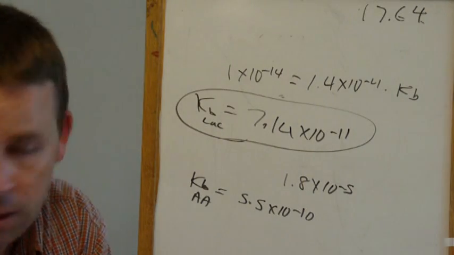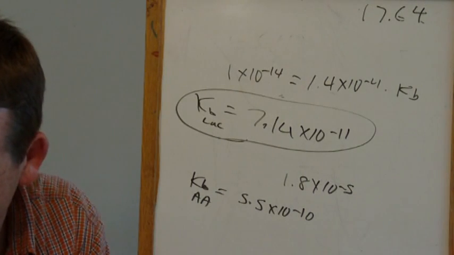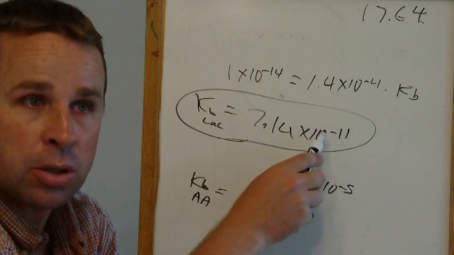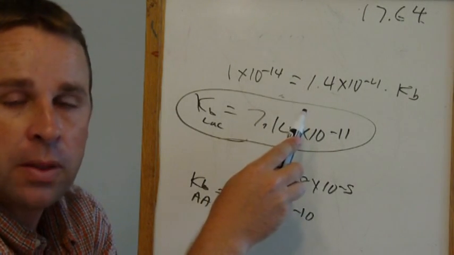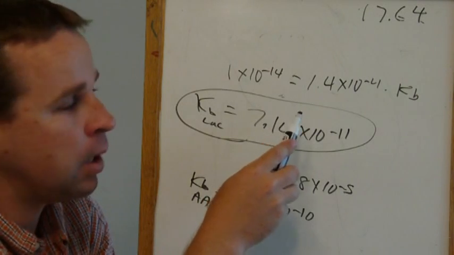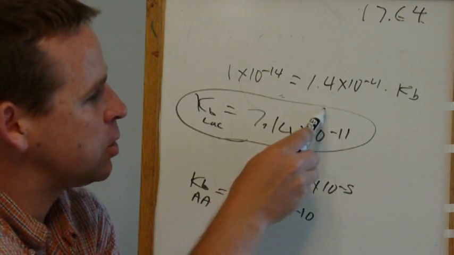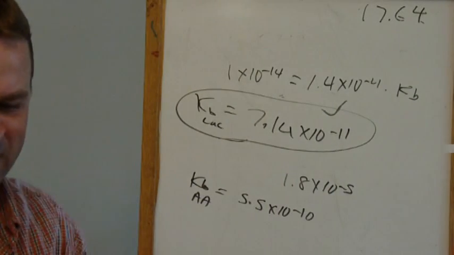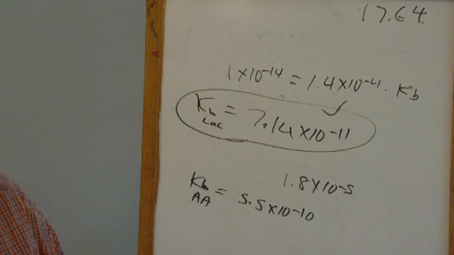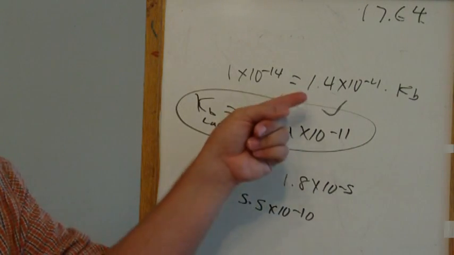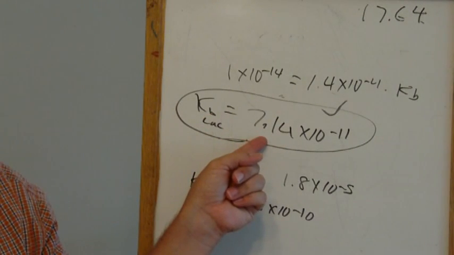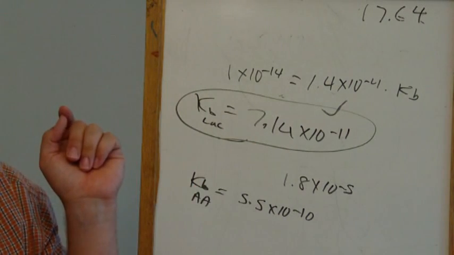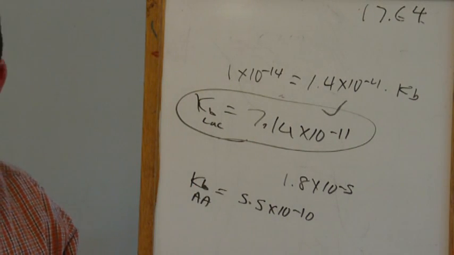We would see that because this value is smaller, it's a weaker base, right? So this value is smaller, therefore it's a weaker base. And for 1764, the value up here, we got 7.1 times 10 to the minus 11, yeah. Okay.